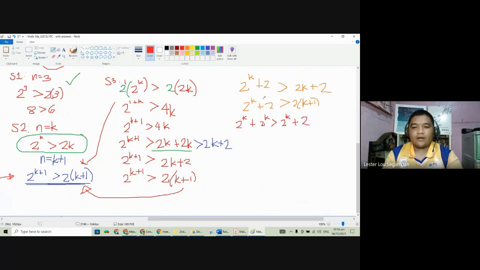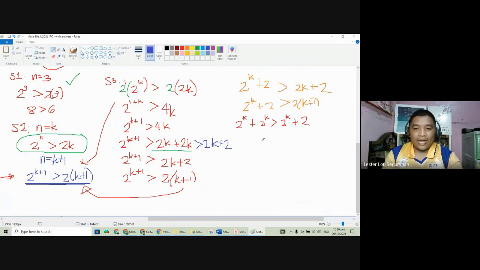This expression is a value which is greater than this. Take note that the value of k is 3 or bigger. So if you have 2 cubed is 8, 2 cubed also here is 8. 8 plus 8, 16 for this side. But if this side has 3, 2 cubed is 8, plus 2 is 10. So 16 is greater than 10, and that is actually true.